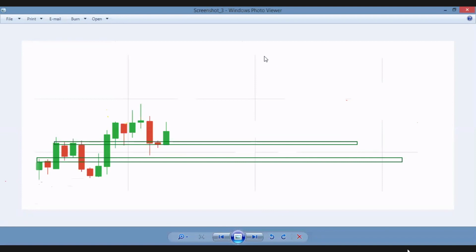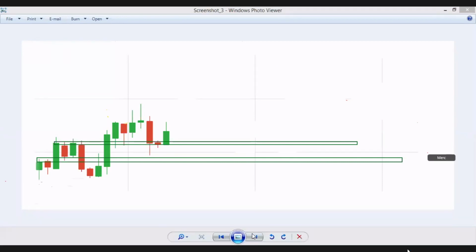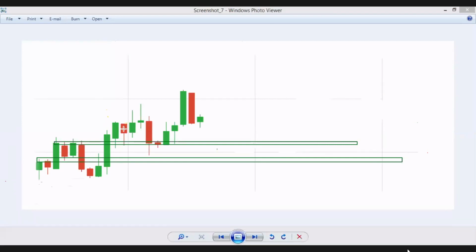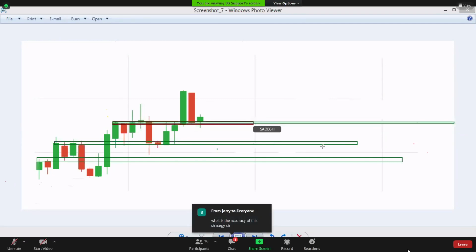So I will show you how this level will work. Okay. Bullish candle, this candle. To draw this level too. This one. So we have another complete SNR level, right?